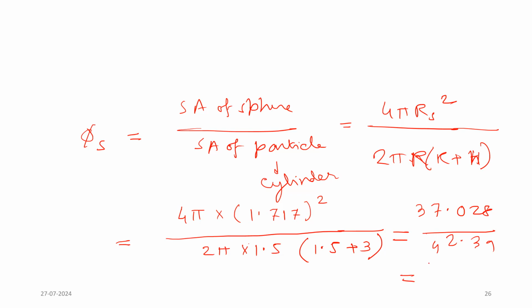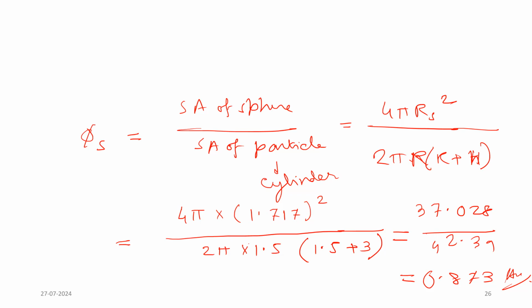If you divide this, it is coming as 0.873. So the sphericity of this cylindrical particle is 0.873. There is a problem in the assignment also. I hope now you will be able to solve this if you have not done it already. You understood how this is calculated, right?